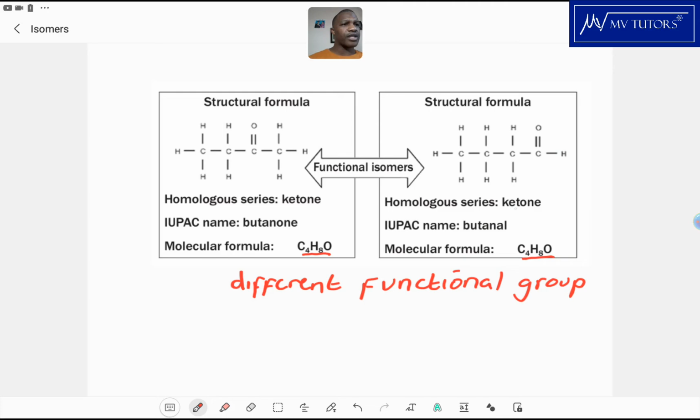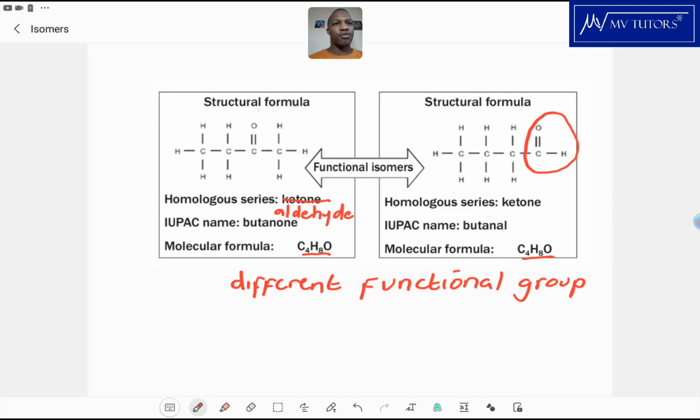So this one is a ketone. What makes it a ketone is that the functional group is at the end. This one is an aldehyde. They made a mistake here. This is not a ketone, it's an aldehyde. It has the same functional group, different homologous series. My mistake. Different functional groups.